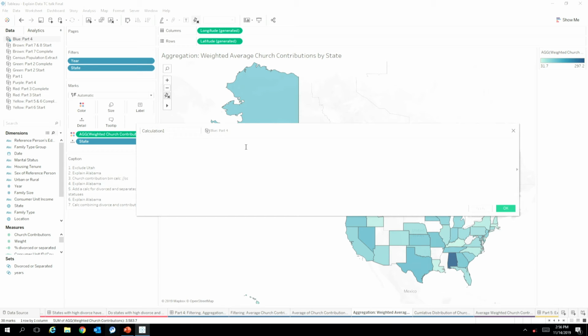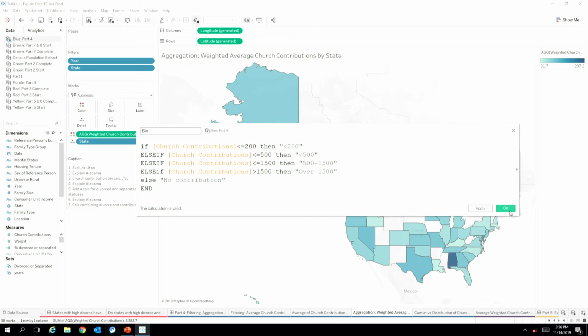And so if I split the church contribution value up into bins here, there we go. All right, so I'm basically taking church contributions, which is a measure, and converting it into a dimension through these bins that are going to group together different values of church contributions. So let me now save that calculation.